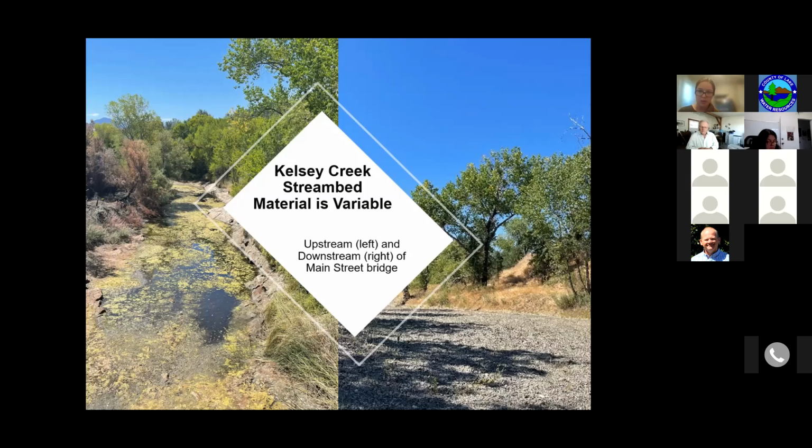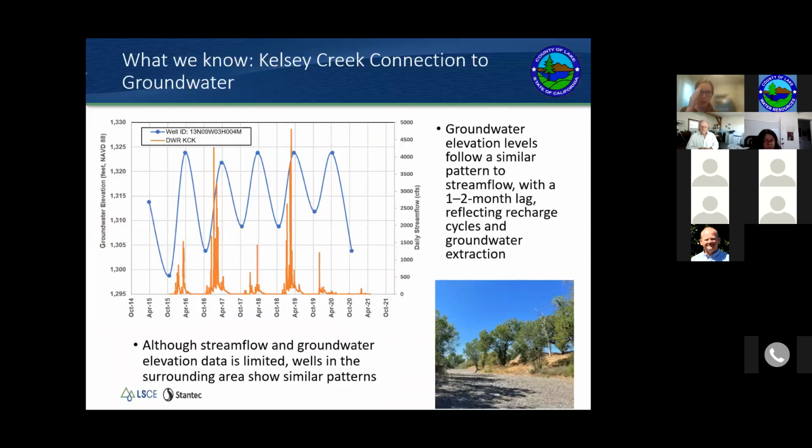So then I'll just move on quickly to a well that's located near the DWR KCK gauge. Once we have that additional data from the water library, we can expand this graph and have more years of information, because this well does date back and has more information.